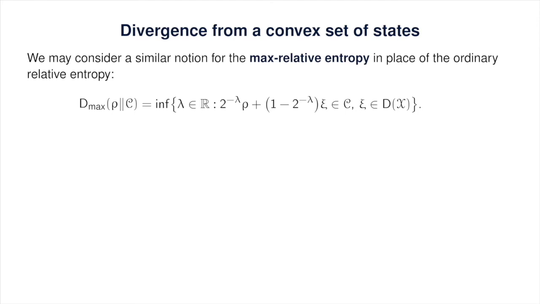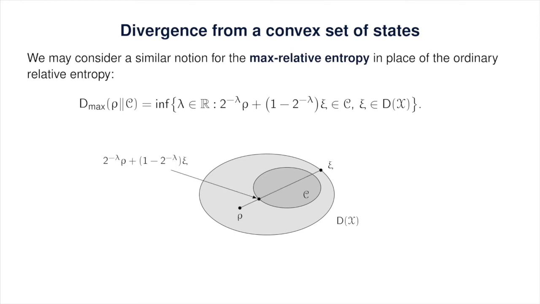And now we can visualize what's going on here. We have a convex set C contained in the set of all density operators, as well as a given density operator rho. We imagine that the quantity that we're talking about should tell us something about the distance or the divergence of rho from C. And it does in some sense. We can think about different choices of psi for which a convex combination of rho and psi yields a point in C, just like in the figure.